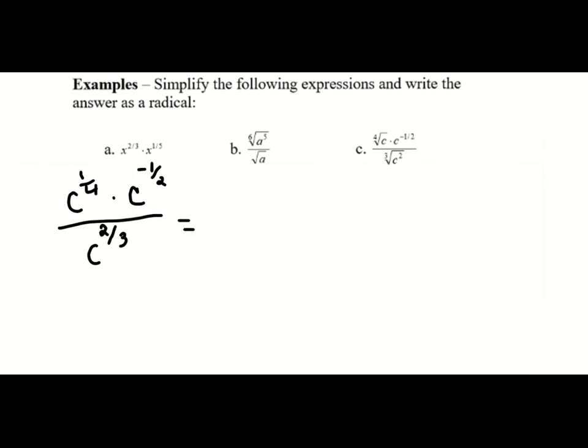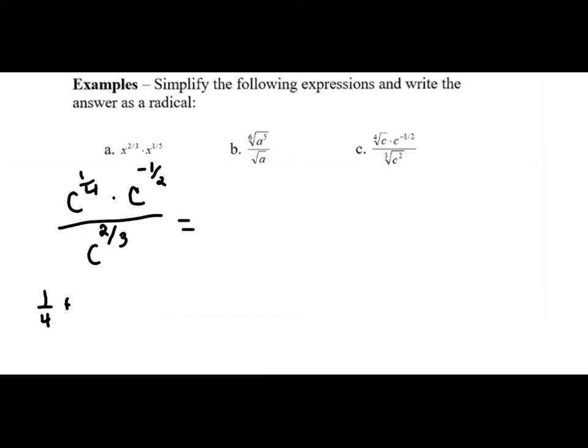All right, now let's simplify the top first. And again, if you multiply powers with the same base, you add those exponents together. So if we add them together, I am going to have 1/4 plus, and my common denominator, excuse me, would be 4.